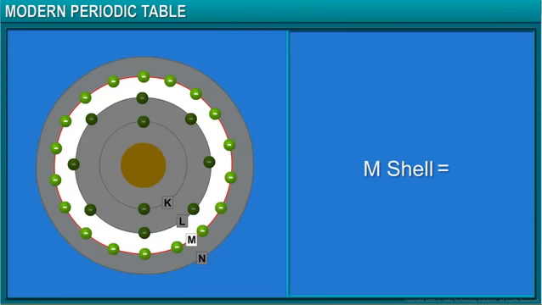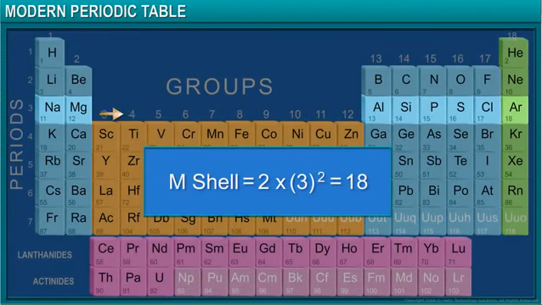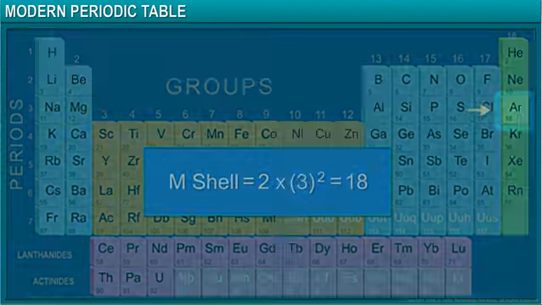M shell is equal to 2 multiplied by 3 raised to the power of 2, which is equal to 18. But the outermost shell can have only 8 electrons. So the third period has only 8 elements, that is, sodium, magnesium, aluminium, silicon, phosphorus, sulfur, chlorine, and argon.